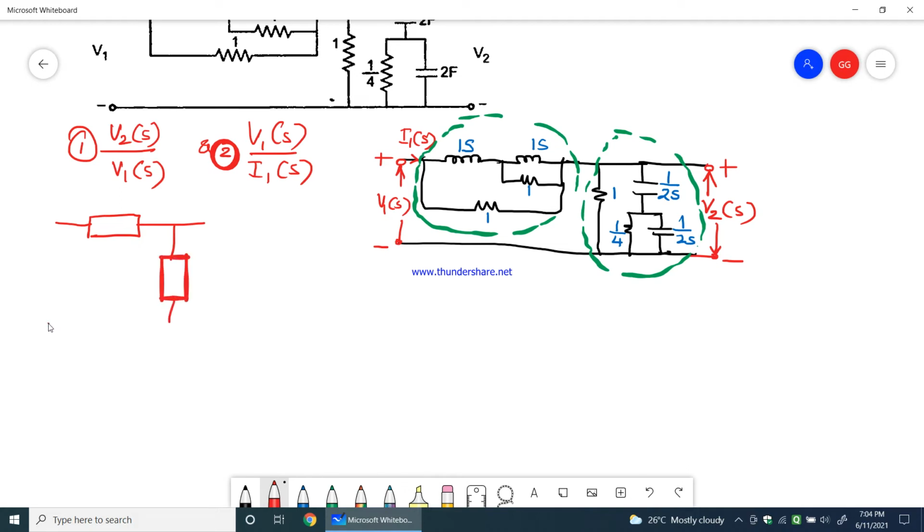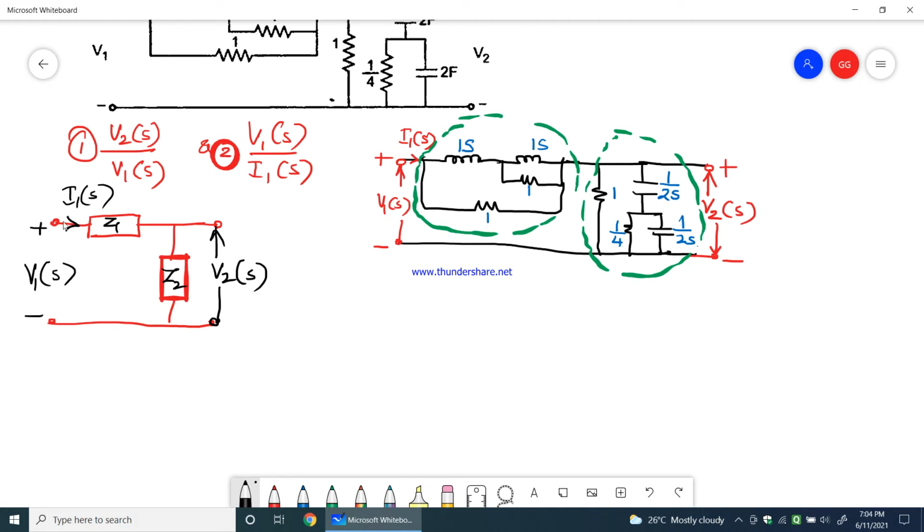Like how we got earlier, same way we will be getting it here also. So finally what we do is we'll have V1 of S here, we'll have I1 of S here, we'll have Z1, Z2, and this will be V2 of S. I think you are clear.